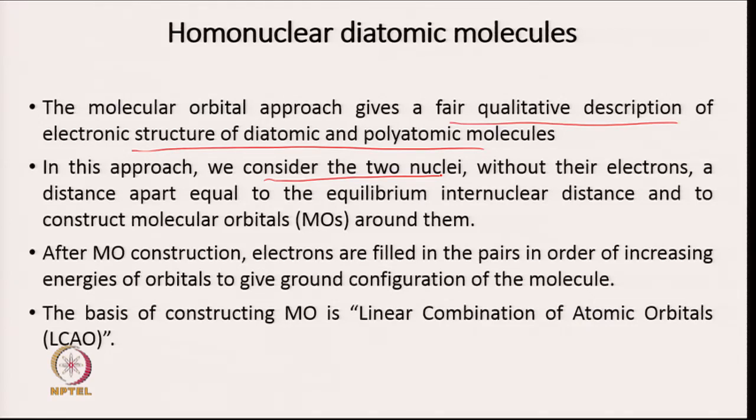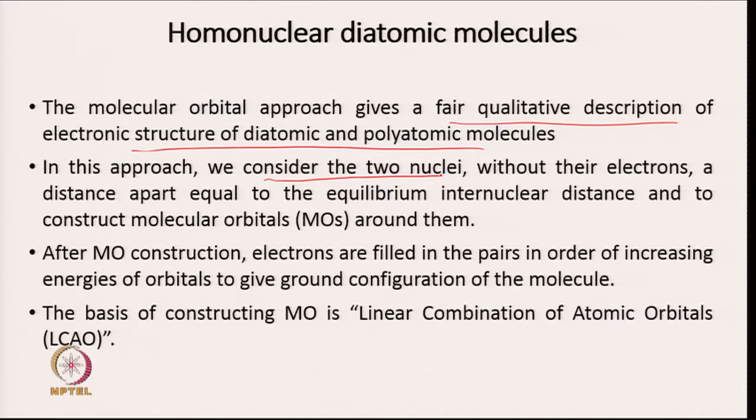Since it is a diatomic molecule, there will be two nuclei; we assign atomic orbitals to one and to the second nucleus, and then construct molecular orbitals around them. After the molecular orbital construction, we fill electrons in pairs in order of increasing energy of orbitals to give the ground configuration of the molecule.